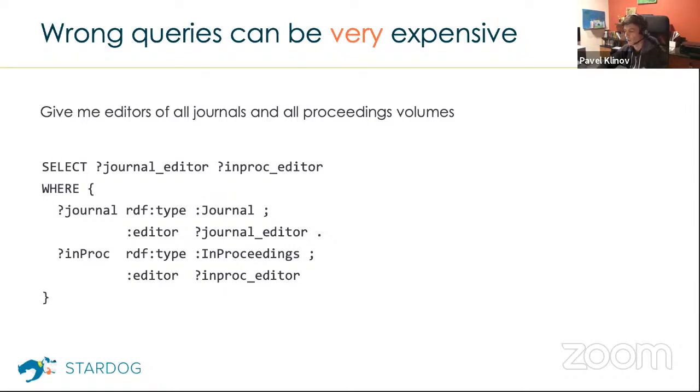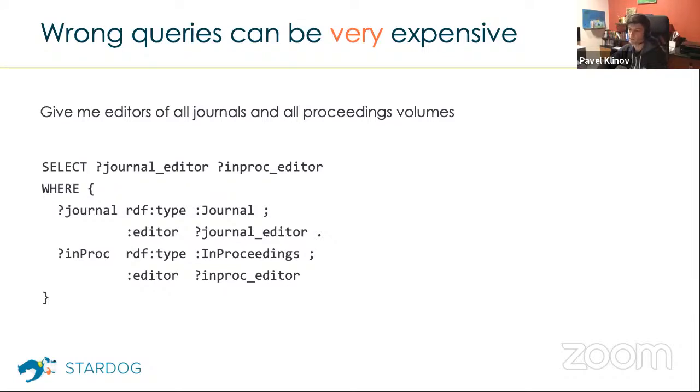But in a whole lot of cases, the query just does not do what the author thinks it should do. And the interesting correlation is that wrong queries, the ones which don't return the results they're supposed to return, on any database, quite often tend to be very expensive in terms of performance. They tend to be slow.